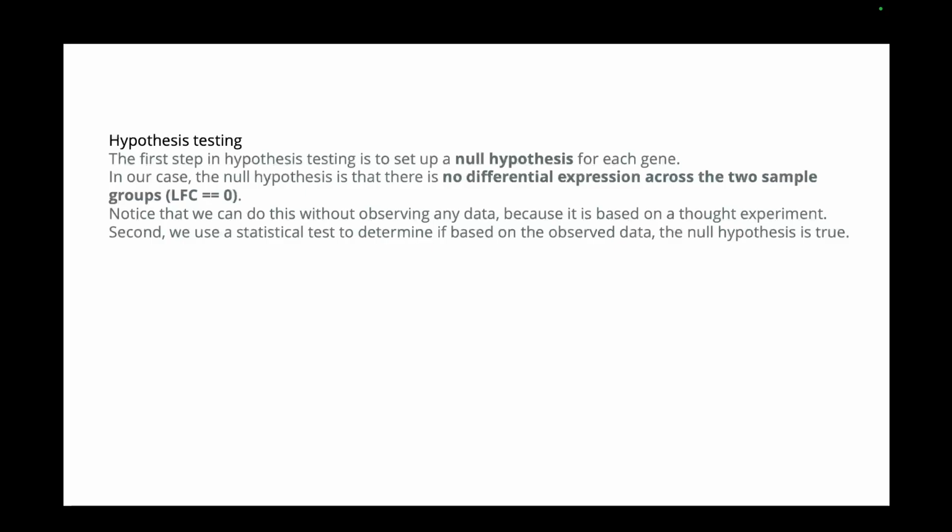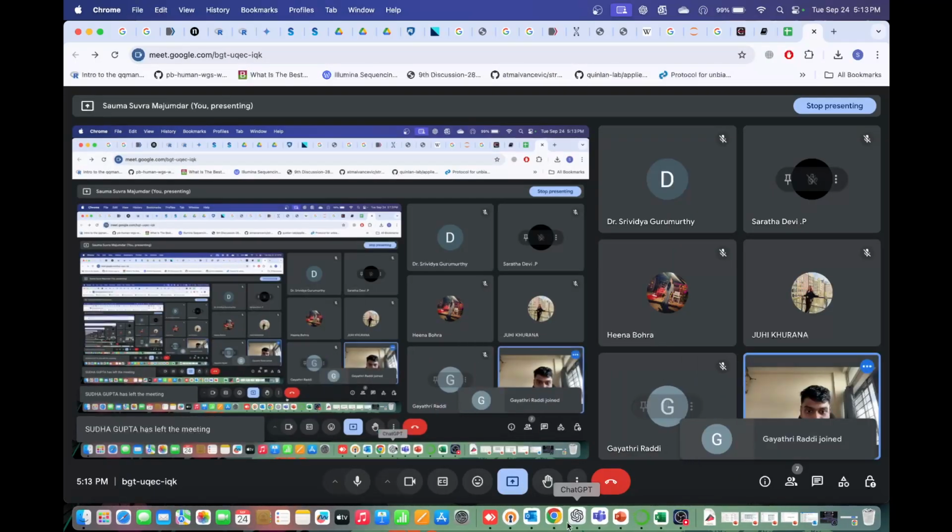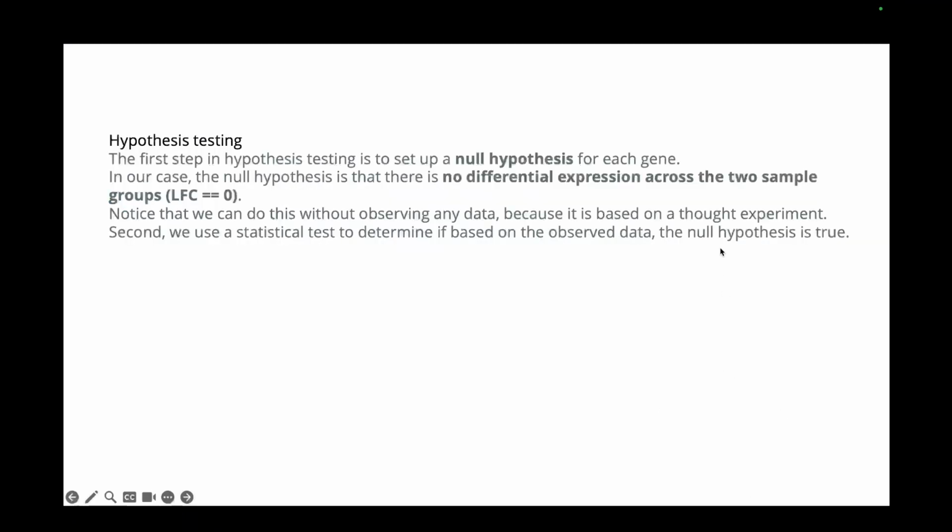But when you see the distribution of the log fold changes for your particular genes across the data, what you see is that by random chance the log fold change is greater than 2 in most of the cases, and it is less than 2 in only 5% of the cases. So that is when you reject your null hypothesis that there is no differential expression and accept the alternate hypothesis that there is a differential expression.